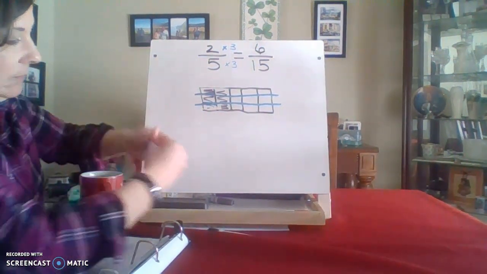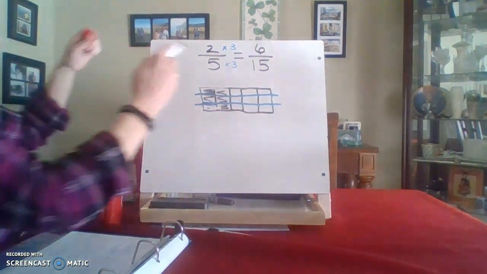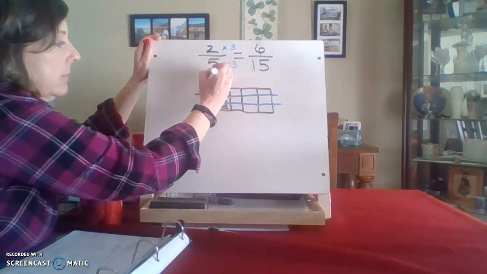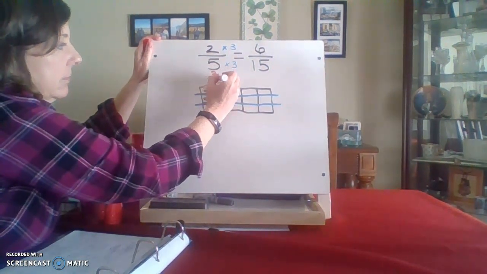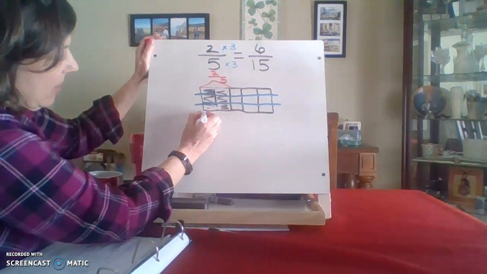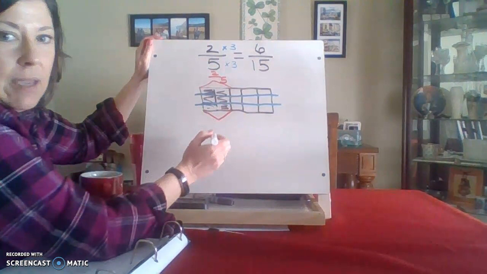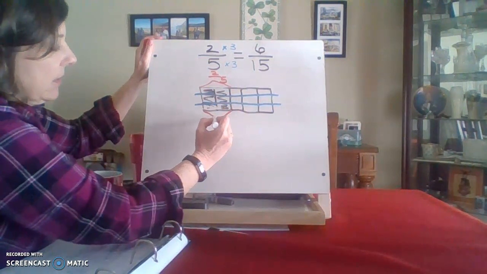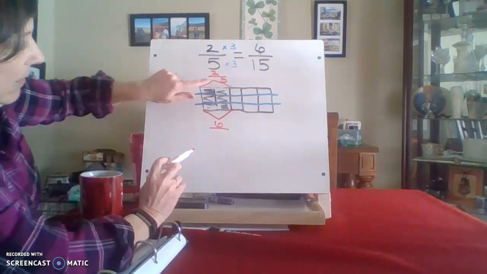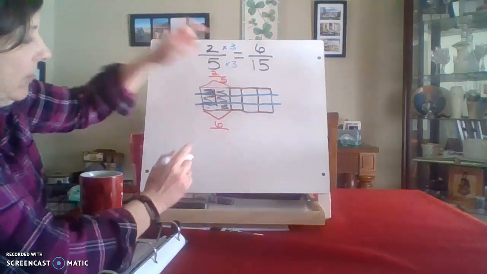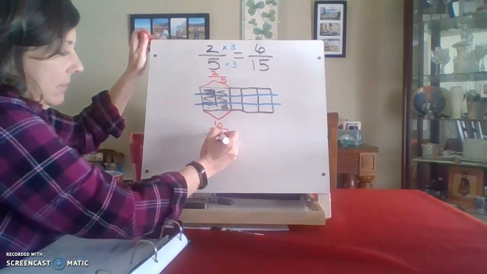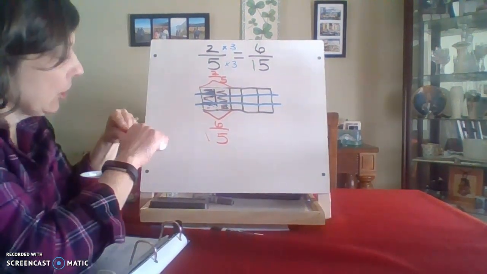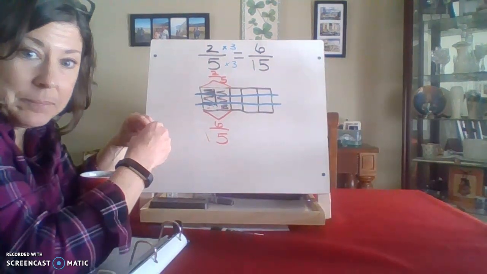I started out with 2/5. But now down here, looking at my smaller pieces, I have 1, 2, 3, 4, 5, 6 out of 3, 6, 9, 12, 15. So I have proven that 2/5 is equal to 6/15.